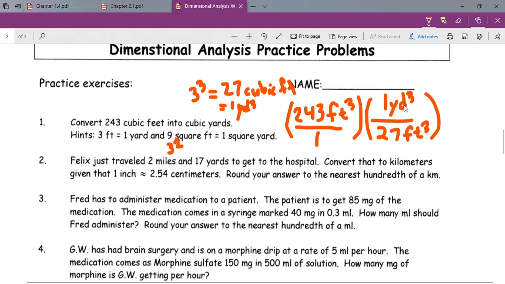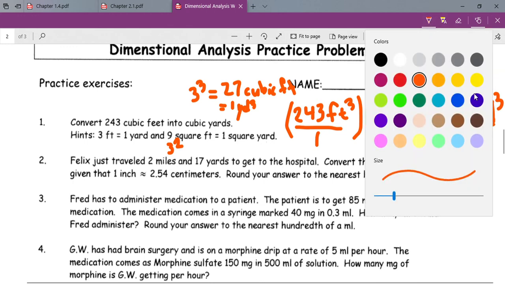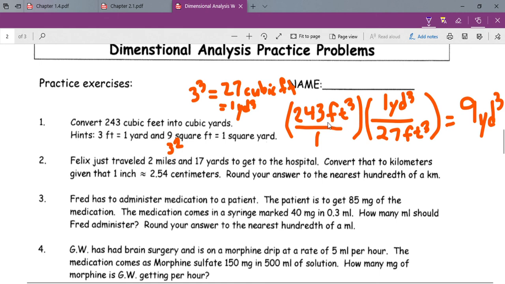So your answer here, to convert 243 cubic feet into yards, is 9 cubic yards. So 9 yards cubed. And if you want it for extra emphasis, you can see that these feet cubed here cancel each other out.